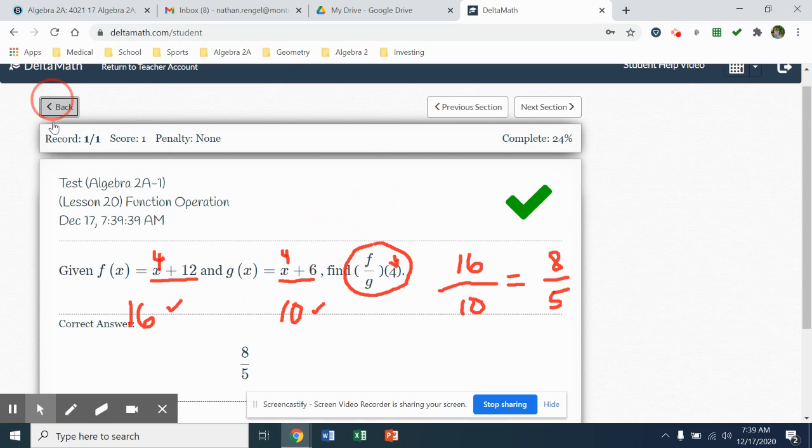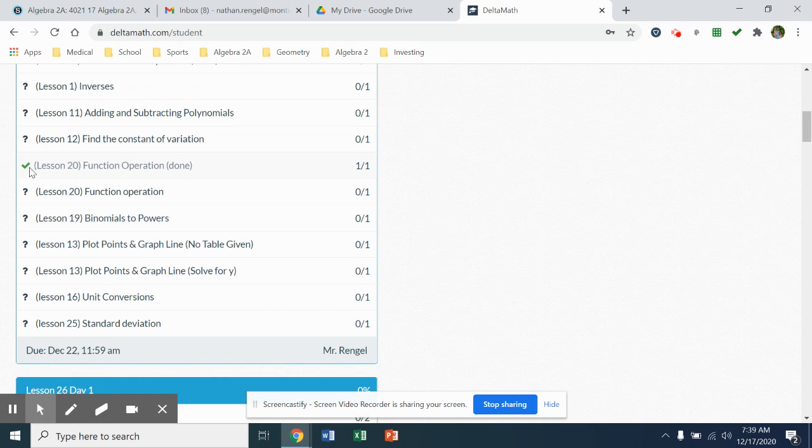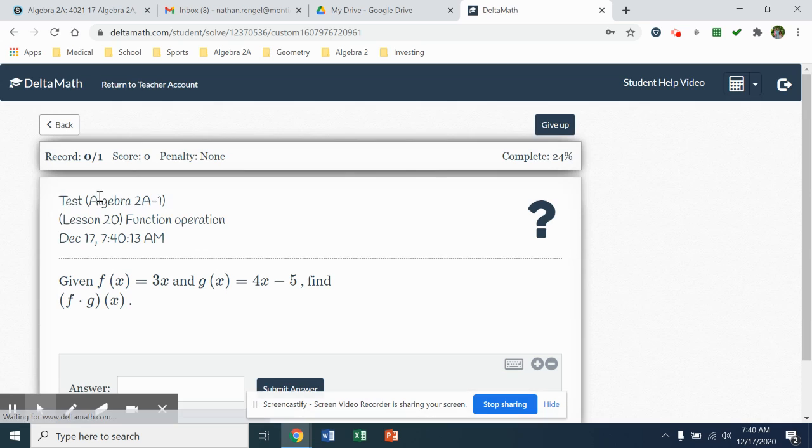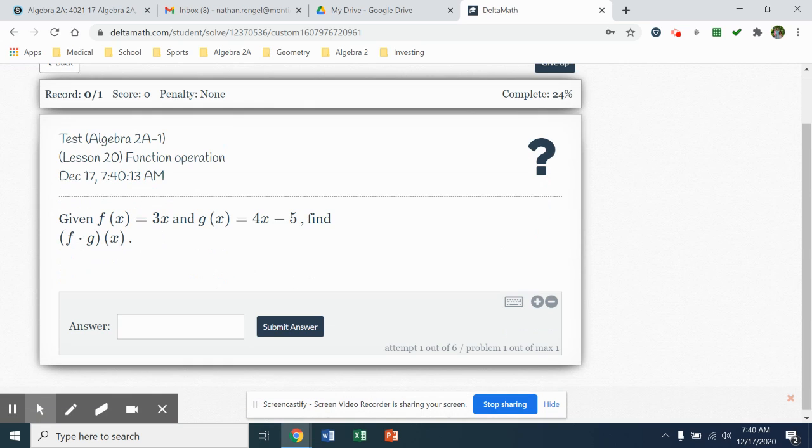So heading back to our problems, that problem is the exact same one that you have. Now you can try this problem, lesson 20, which is this function operation, that second one. I'm going to give you a couple minutes to work on that second one, and then I will be on GoGuardian to help you out as well. So I'll just be watching on there and giving you hints and tips, but you can go ahead and start working on lesson 20, the second one.